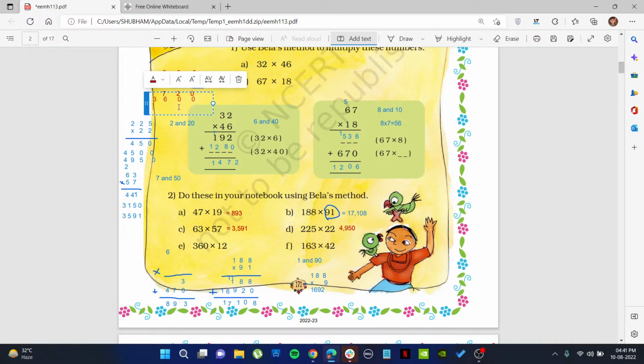Now we need to add them. Here it will be 0. 0 add 2 gives us 2. 6 add 7 gives us 13.